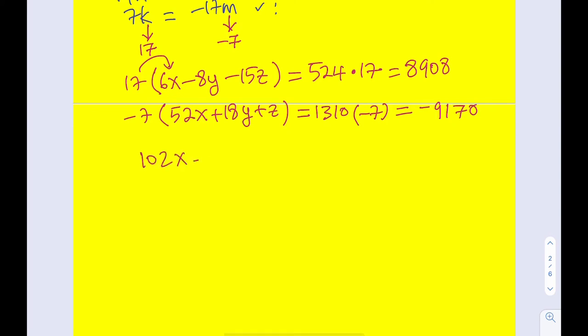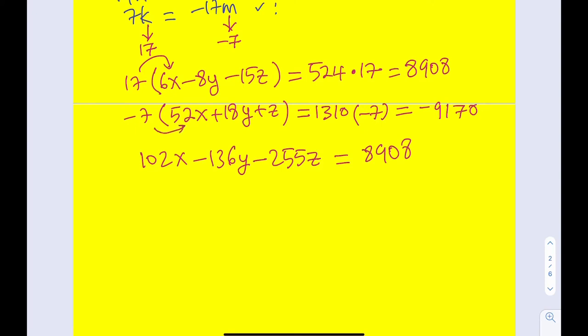And that's going to be minus 136y, okay? And that should be 255z, if I'm not mistaken. That should equal 8,908.